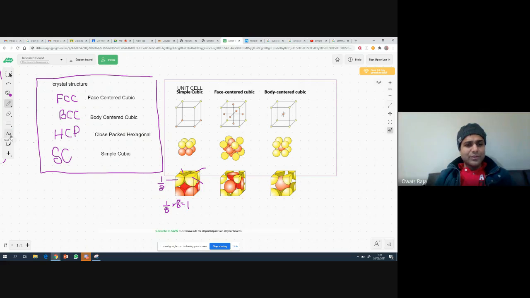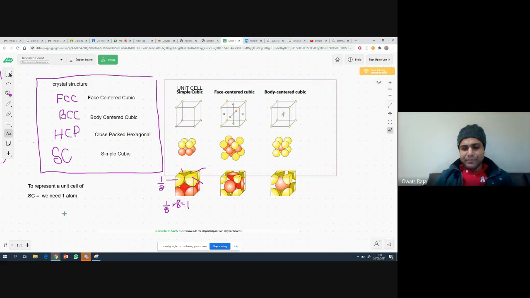So to represent the unit cell of a simple cubic, we need one atom.